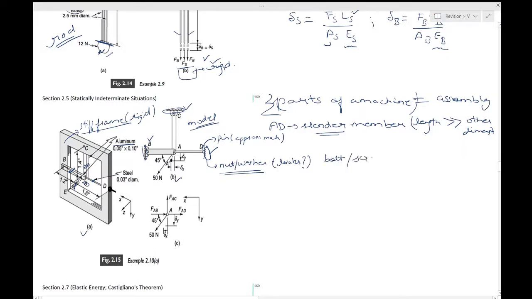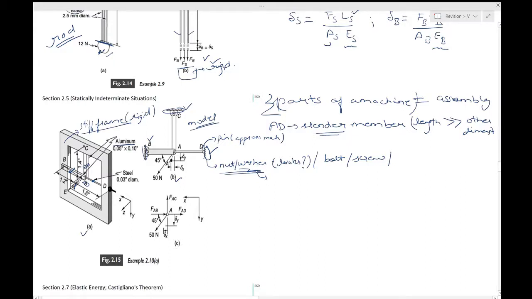These are the three things which you should all be aware of how they look. What is a washer, why is it used, and so on. By this stage of any engineering course, I think you should know all this. If you don't know, perhaps now is a good time to learn about it.